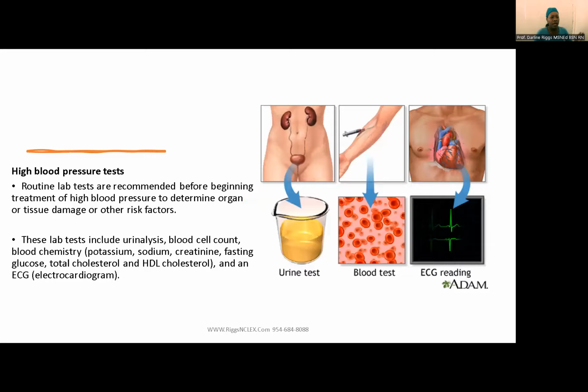So there are protocols, right, whenever we're dealing with hypertension. There are some lab works we're going to do that are just routine. There are routine lab tests recommended the moment we're thinking hypertension, or trying to diagnose it or even treat it. The reason this is so important, and we have to be aggressive and proactive, is that preventative measures are the best way.